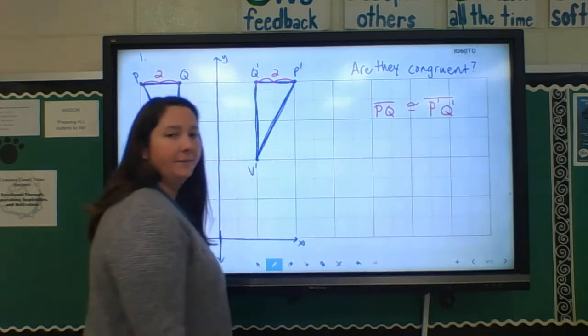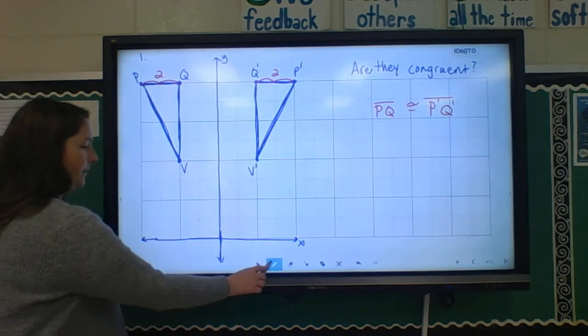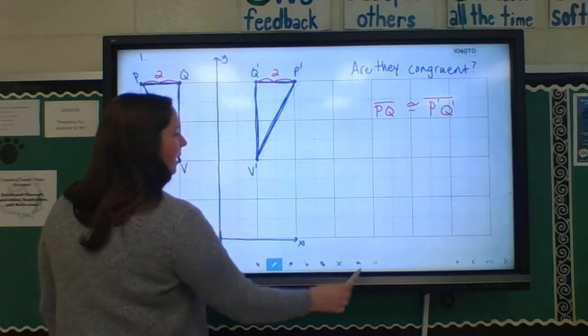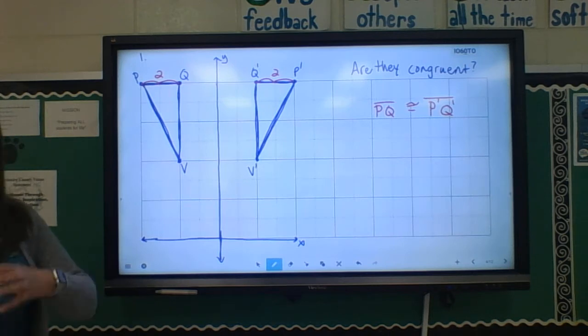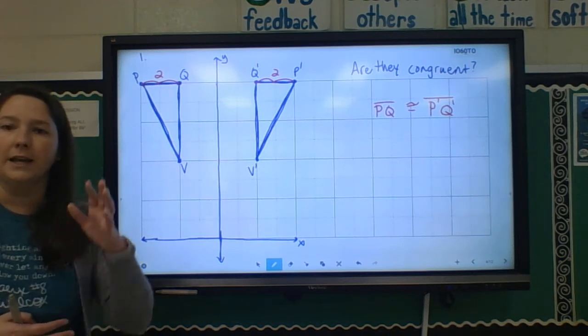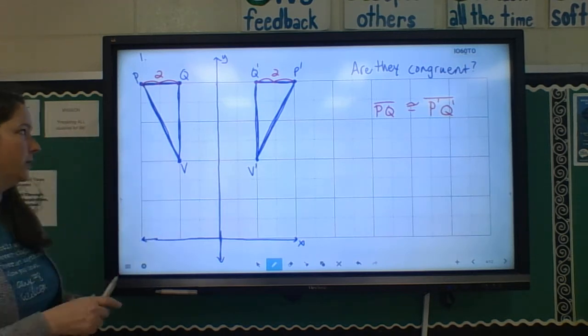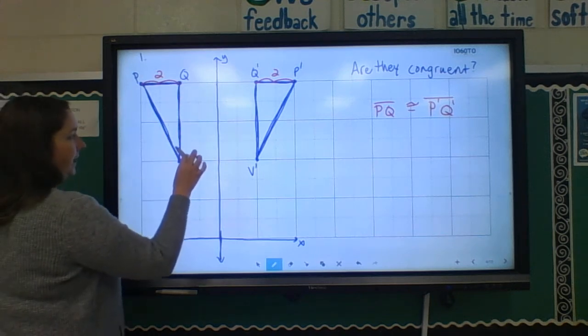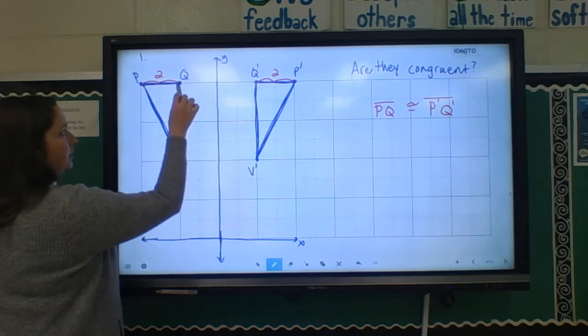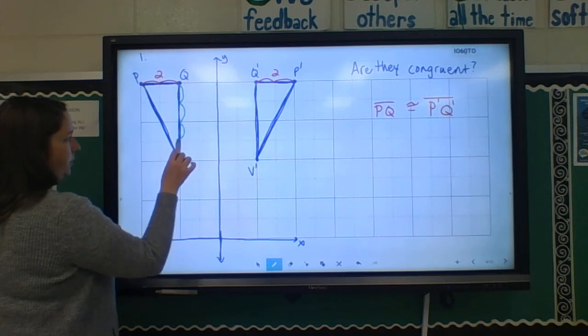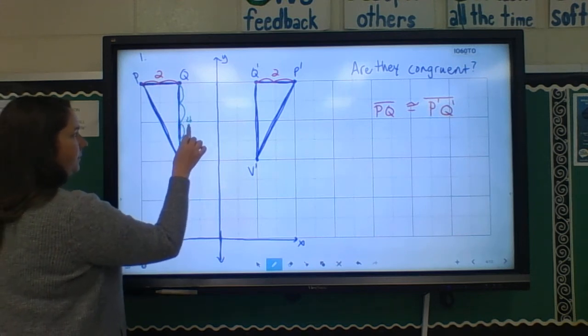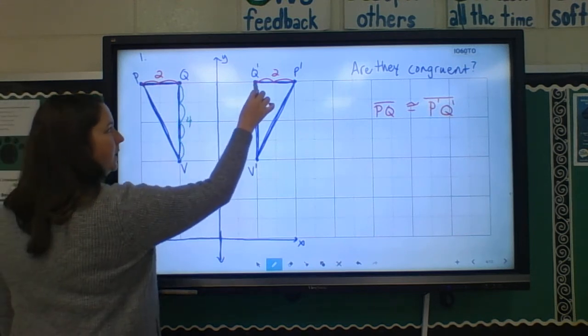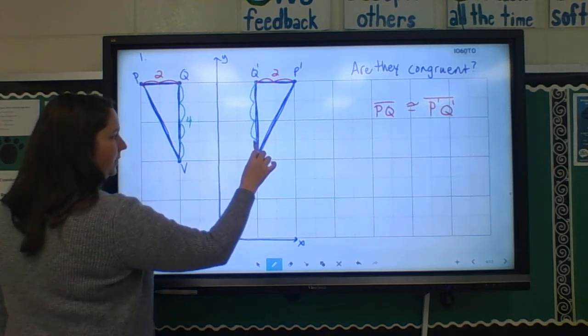Yep, that is true. All right, so now let me grab another color. The other side of our triangle that is vertical or horizontal would be QV. So that's 1, 2, 3, 4. QV, 1, 2, 3, 4.